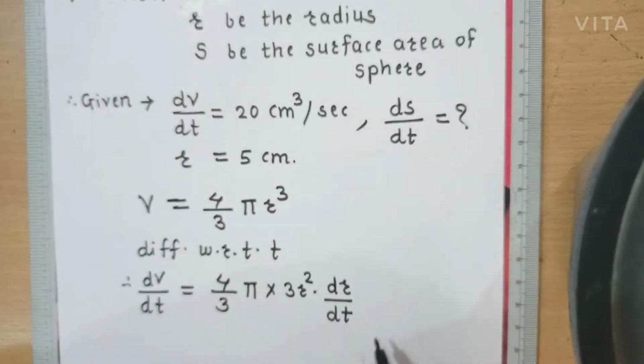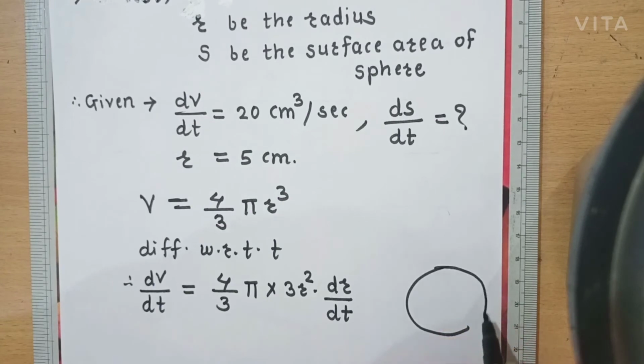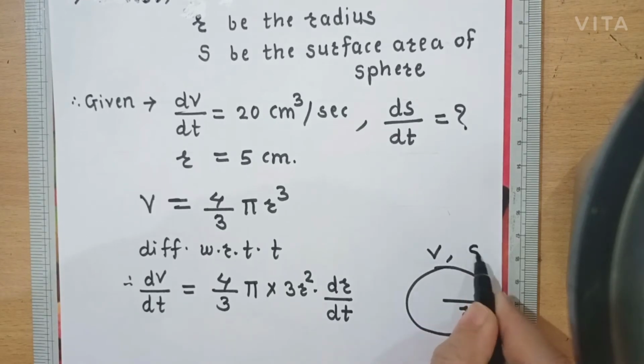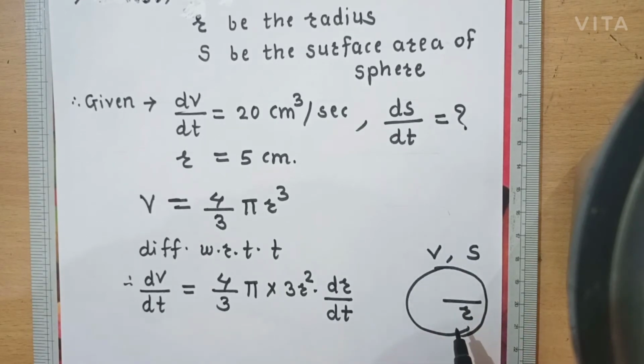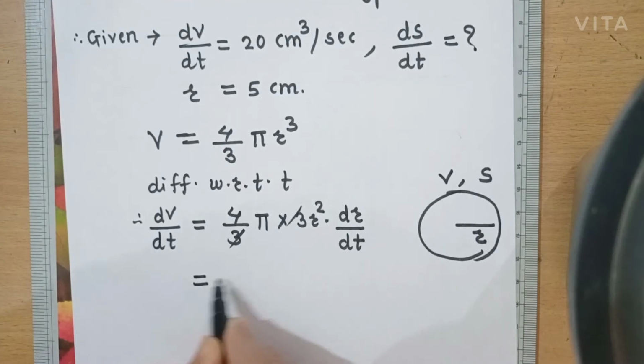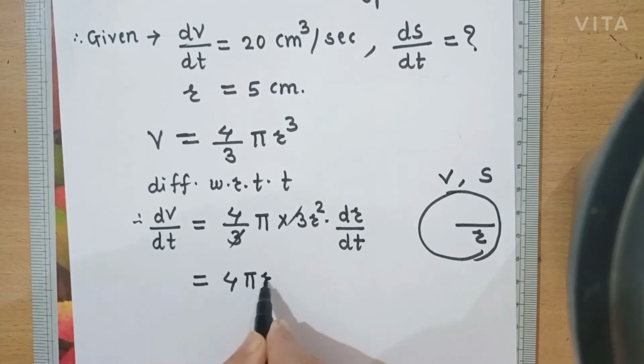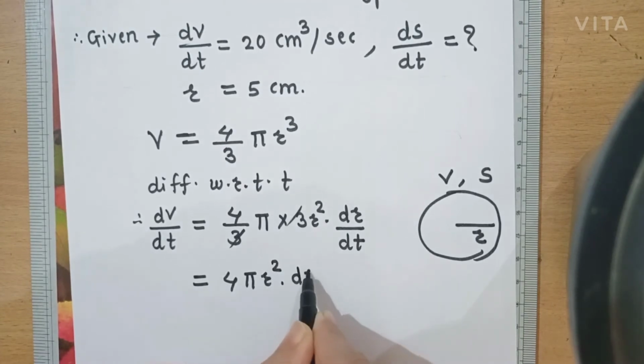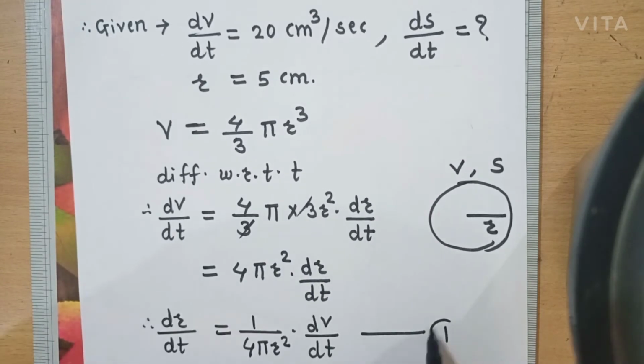You can understand, if this is a sphere and this is the radius, if volume is increasing then definitely the radius is also increasing and the surface area is also increasing. So V, S, R, these three quantities are changing with respect to time. So again these 3s get cancelled, and that is equal to 4 pi r square into dr by dt.